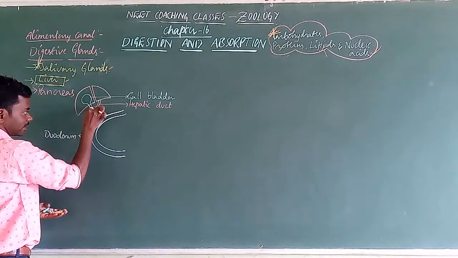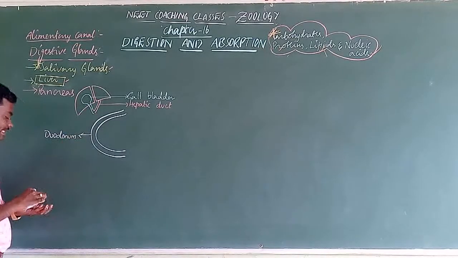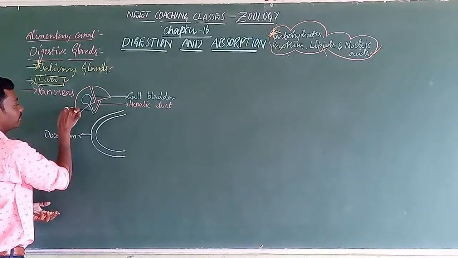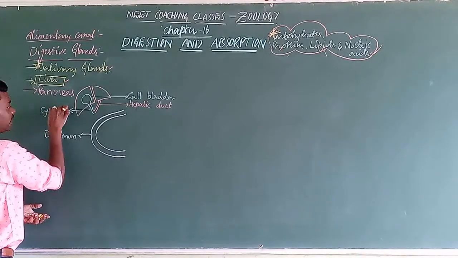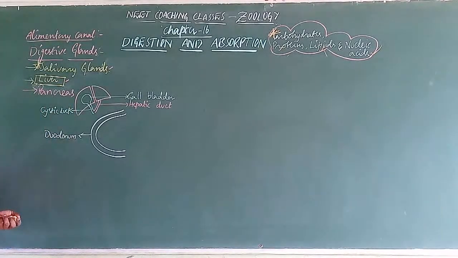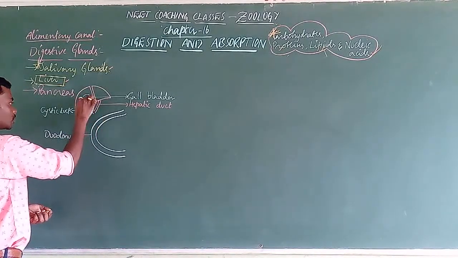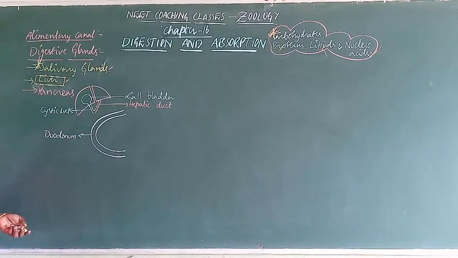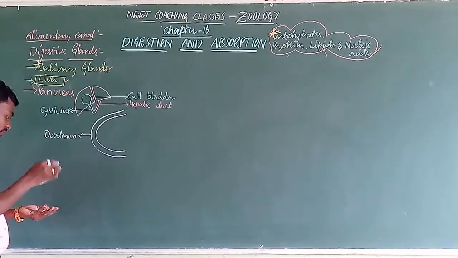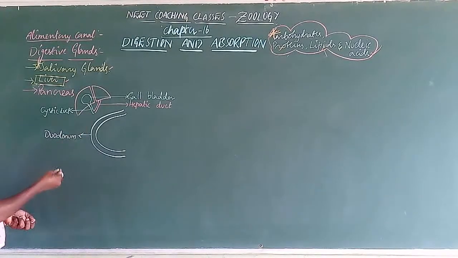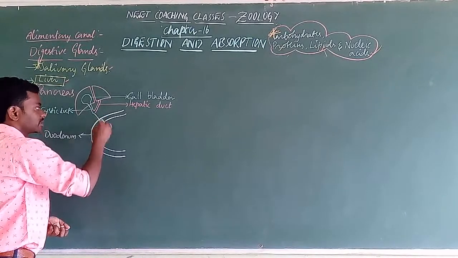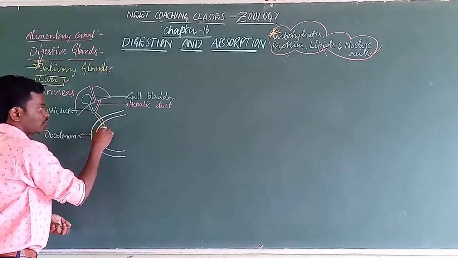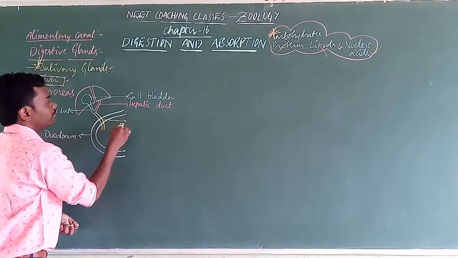The bile juice produced by the liver reaches the gallbladder with the help of the cystic duct.